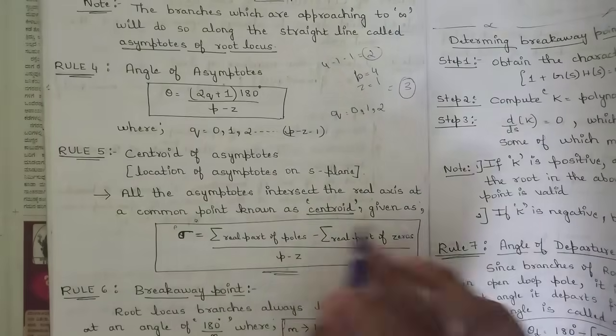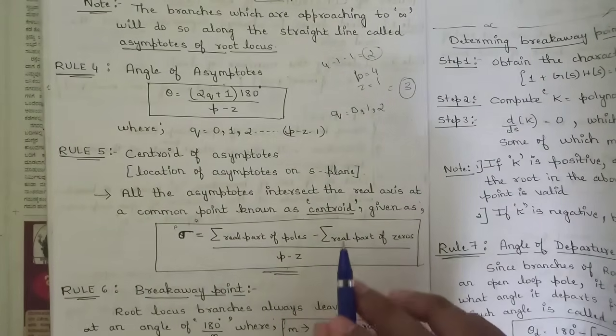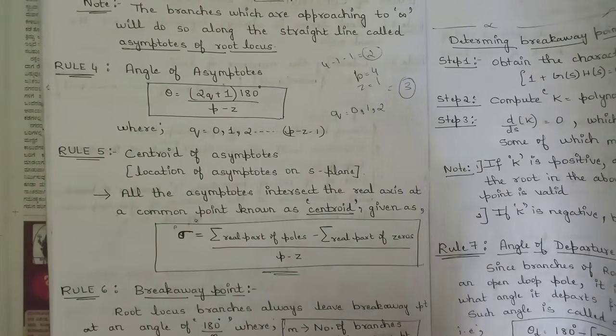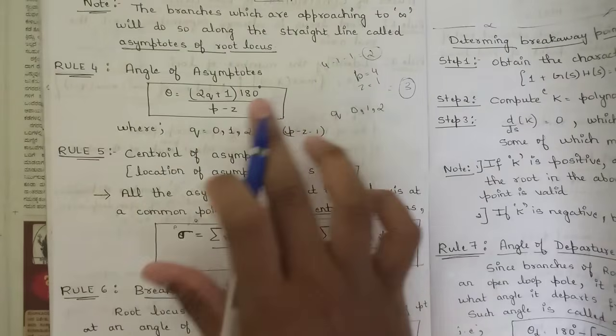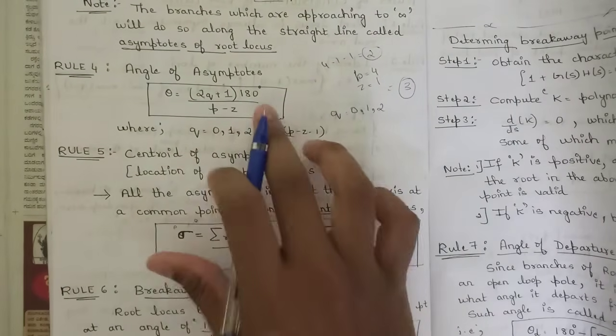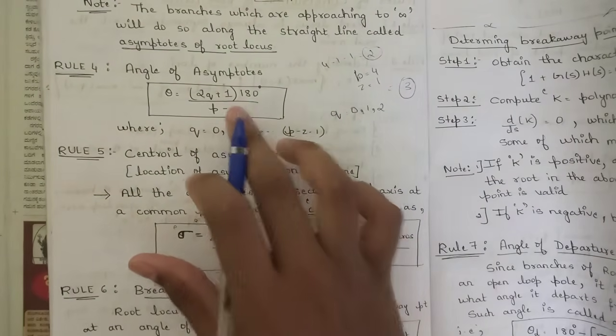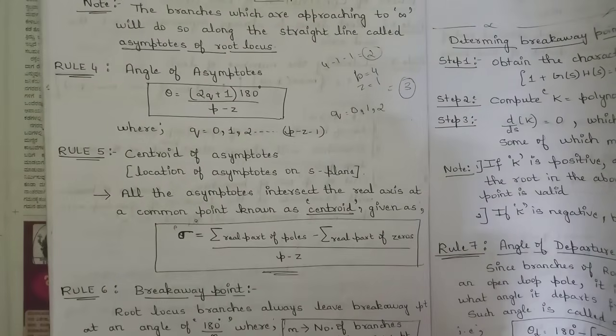If we substitute the values, we get one value of sigma, and from that point we draw the angles of asymptotes which we have already calculated. Those angles are obtained through the number of asymptotes, that is, the number of straight lines.